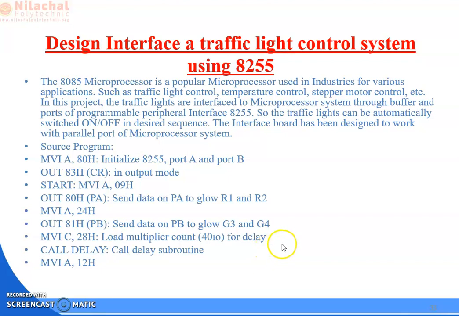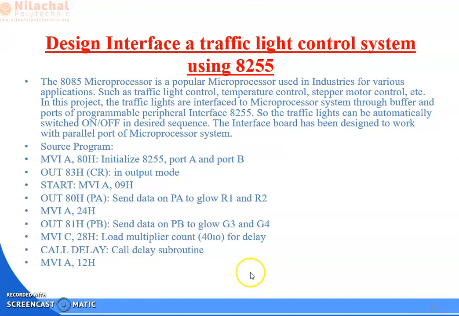So the program is: first MVI A, 80H, that means initialize 8255 port A and port B. Next is OUT 83H, that means in output mode. Next MVI A, 09H. Next OUT 80H, that means send the data on port A to glow R1 and R2.